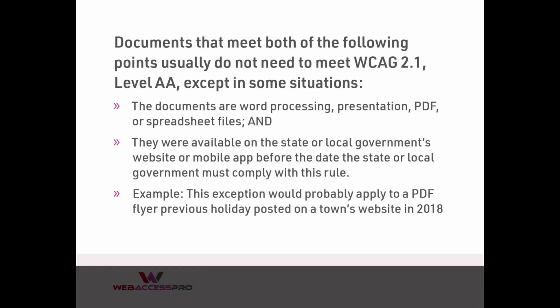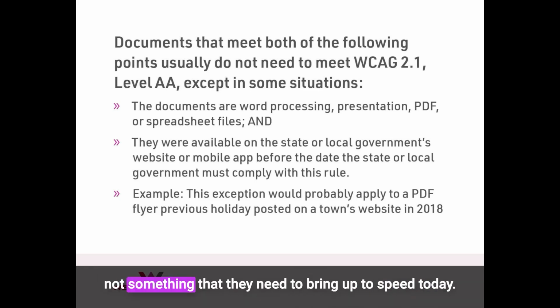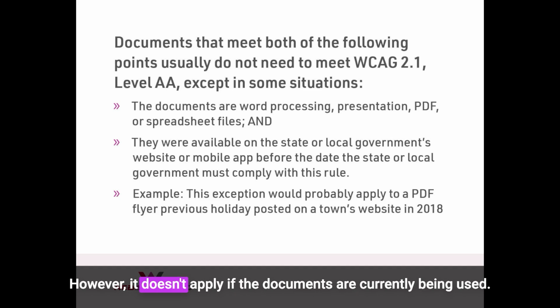So for example, if they have a PDF flyer of a holiday event that was posted to the town's website in 2018, that is not something that they need to bring up to speed today. They can leave that alone. However, it doesn't apply if the documents are currently being used.